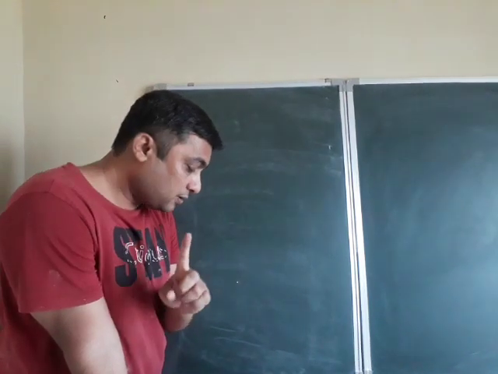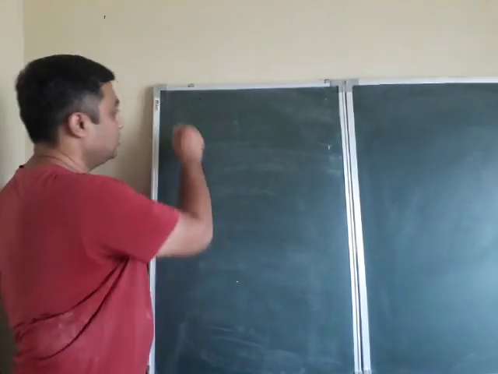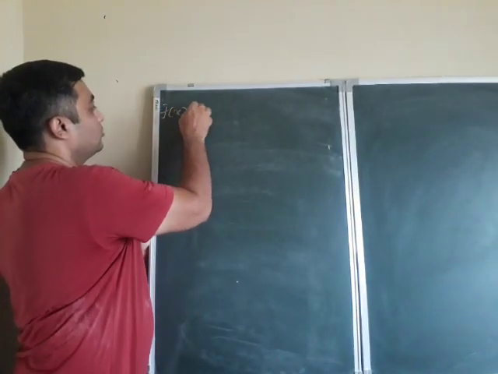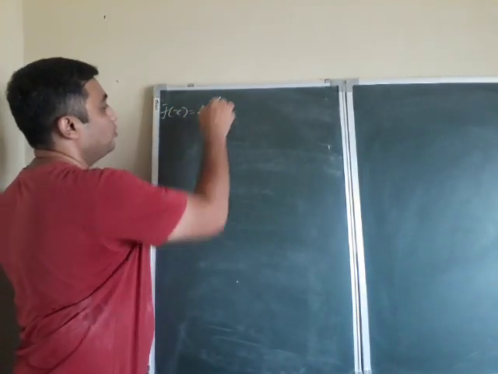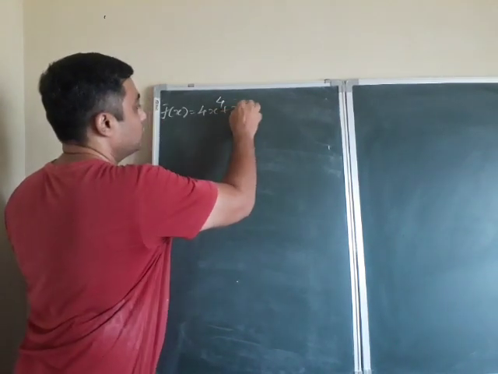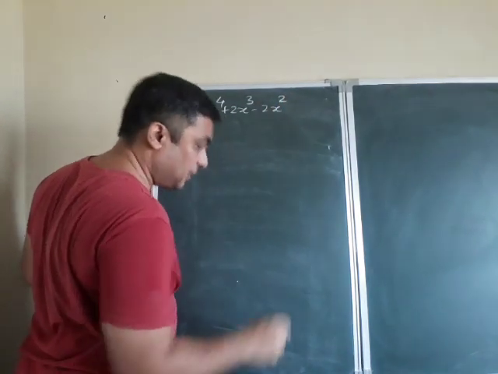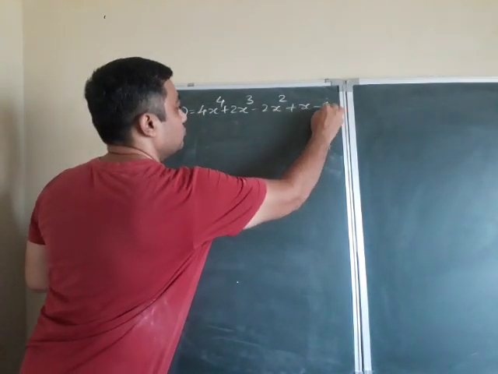Write down what must be added to f of x is equal to 4x raised to 4 plus 2x cube minus 2x square plus x minus 1.